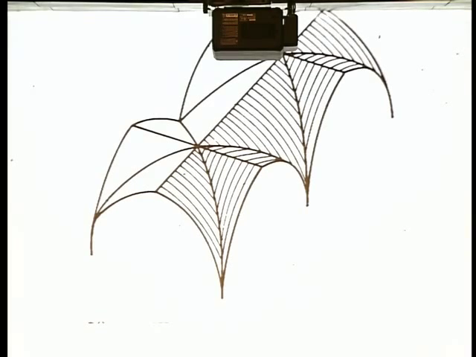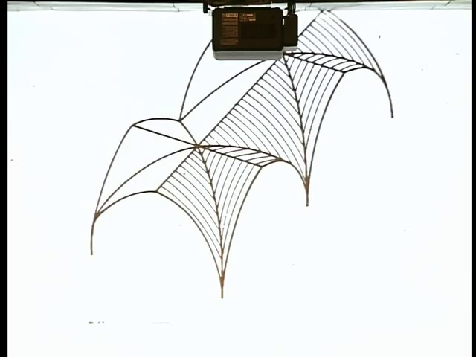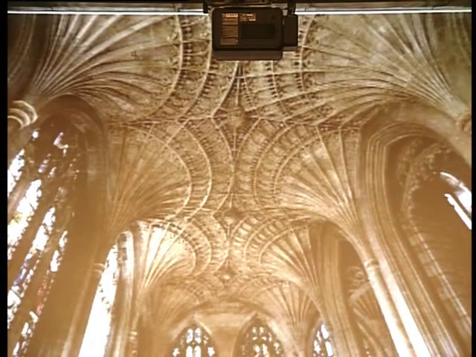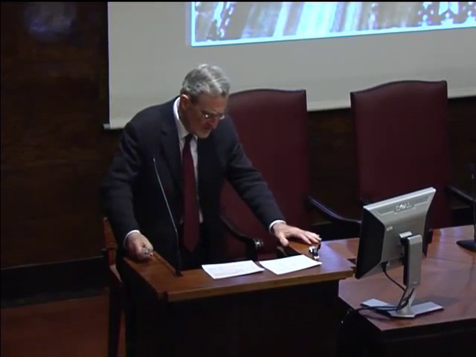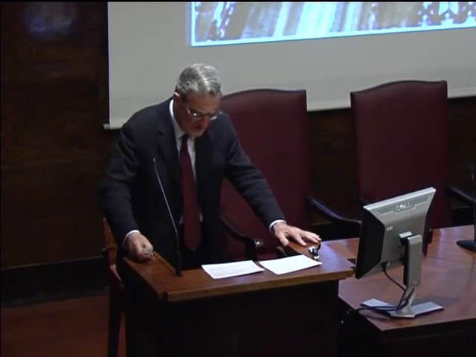Well, let me finish up by saying a little about fan vaults, which are good examples of these vaults, these shells of negative Gaussian curvature. This is Peterborough Cathedral. There are only 4 big fan vaults in England, in the world.